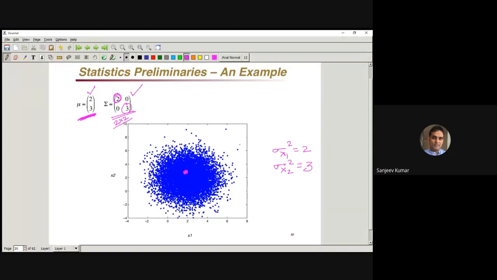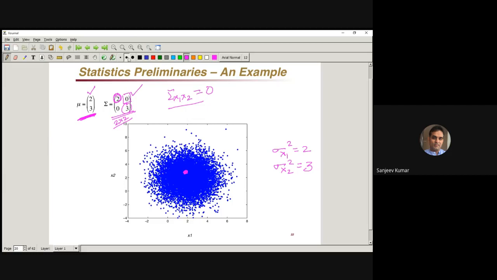And then what is this 0? 0 is the covariance between x1 and x2, and you can see this covariance is 0 here, meaning you cannot say that if your data is increasing in one direction, in another direction it is also increasing or decreasing. They are independent of each other.